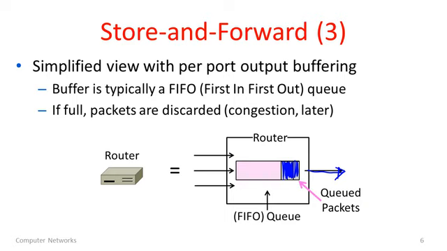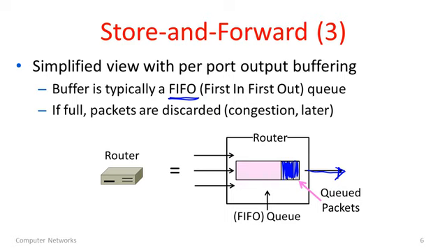Exactly how that buffer is managed depends on how the router or switch is implemented. There are all sorts of different possibilities. But a typical one is to use a policy that's called FIFO, first in, first out. That just means that whatever packet gets in the buffer first is going to go out the output link first, and the rest of them will just have to queue up behind it.